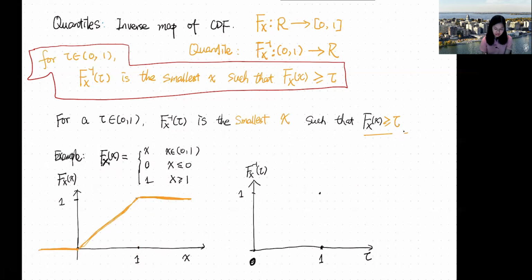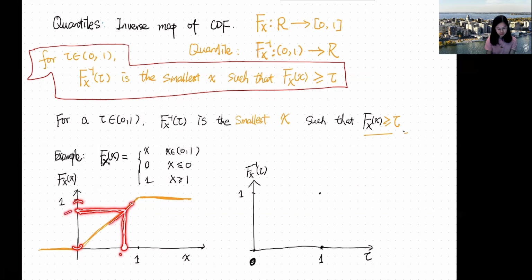So when you define the quantile function for this distribution, we first note that when tau is between 0 and 1 on this open interval, that is, we take any value of the probability on this open interval, say here, we see that the CDF maps the only point of x that maps to this point on this 0 to 1 interval is equal to that point, because the CDF on this interval is the 45-degree line.